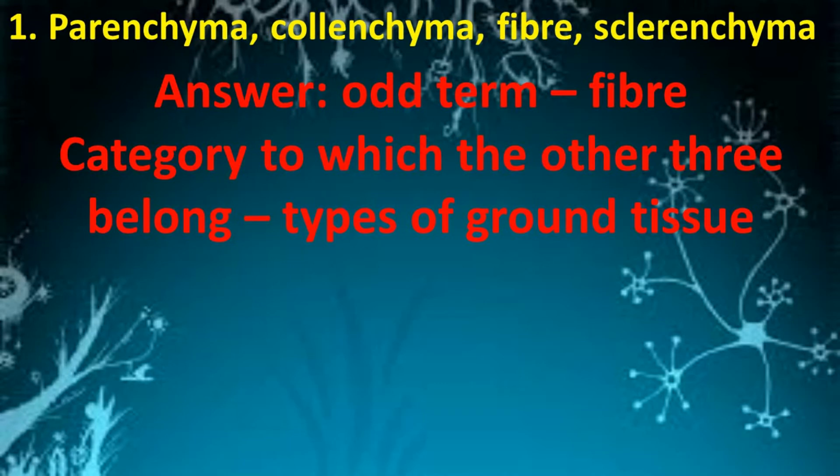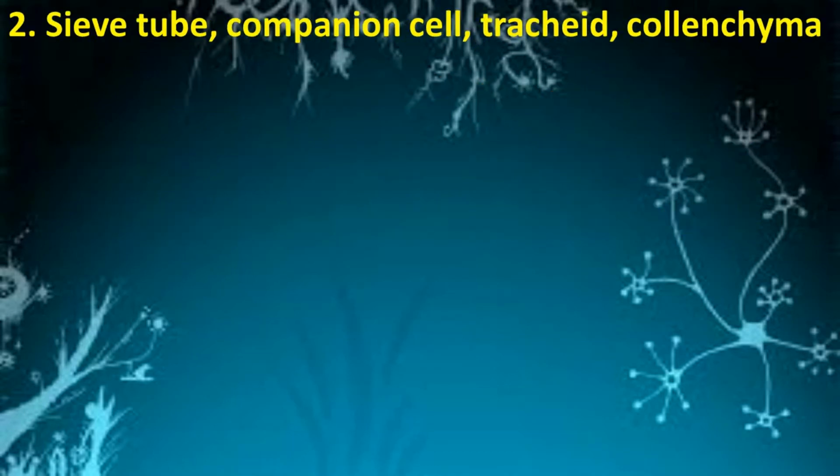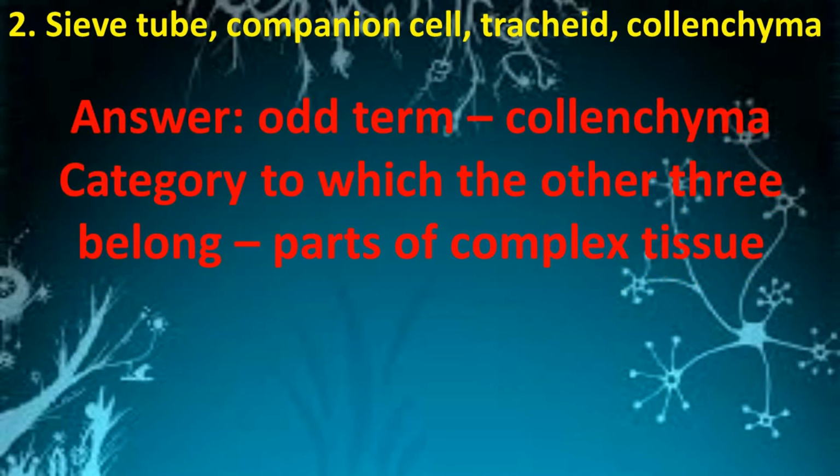Category to which the other three belong is types of ground tissues. Next question. Sieve tube, companion cell, tracheid, Collenchyma. Answer is odd term is Collenchyma. Category to which the other three belong is parts of complex tissue.